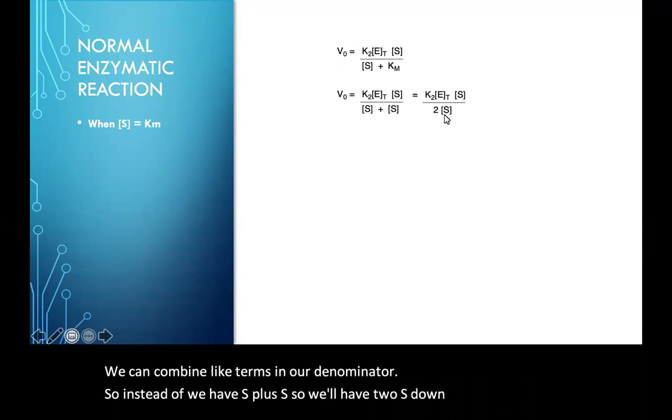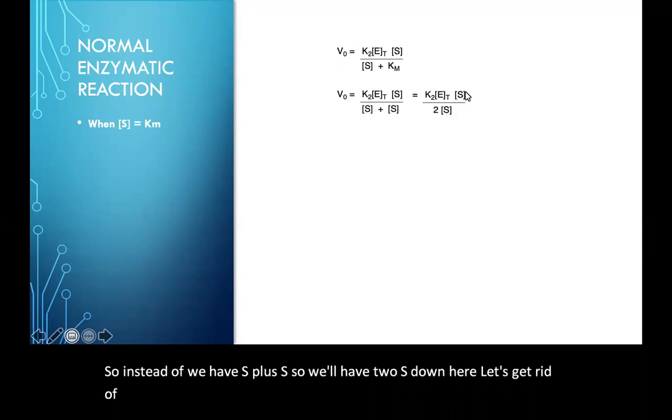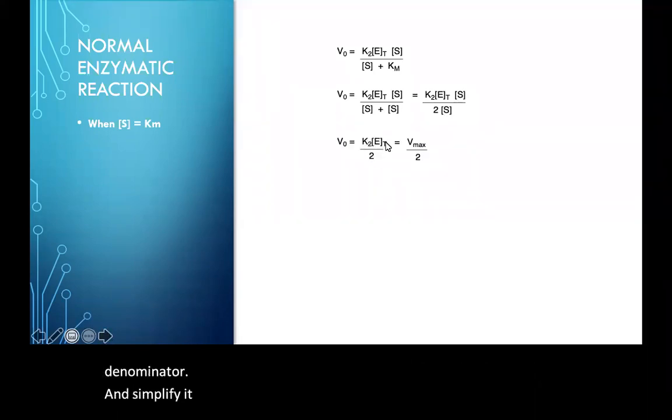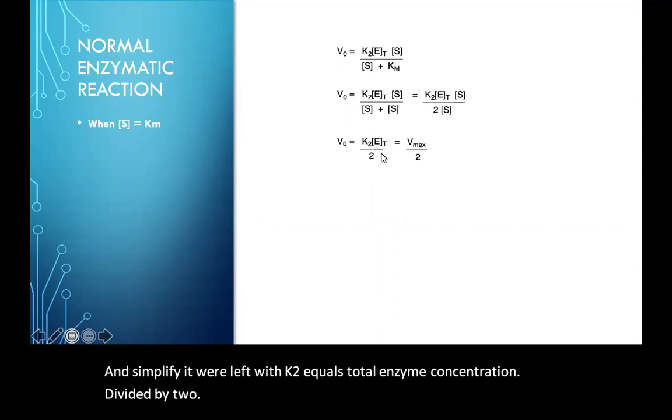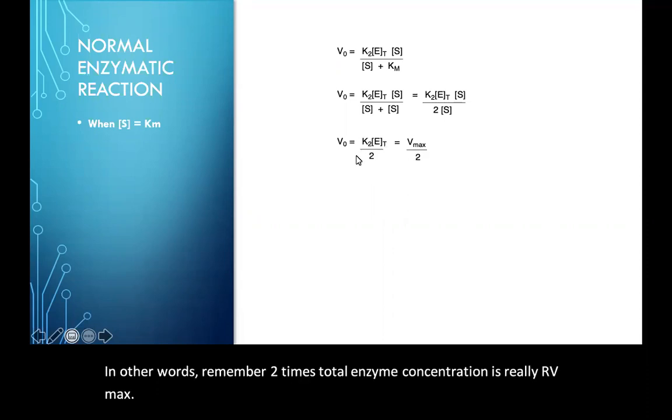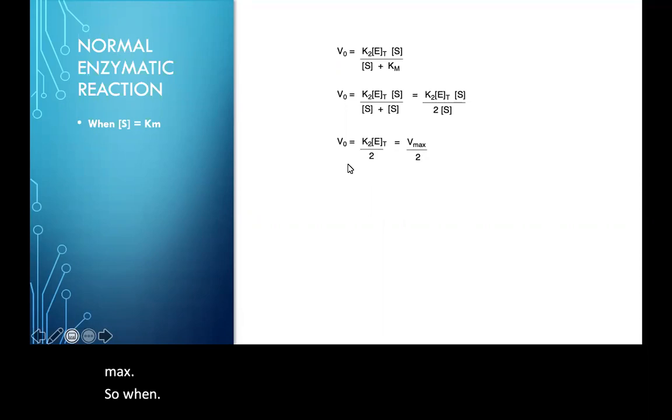Let's get rid of these S's that are appearing both in our numerator and denominator and simplify it. We're left with velocity equals K2 times total enzyme concentration divided by 2. In other words, remember K2 times total enzyme concentration is really our Vmax. So when Km equals substrate concentration, that occurs at half our maximal velocity.